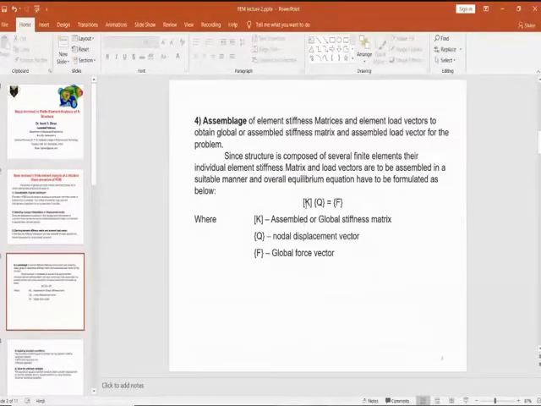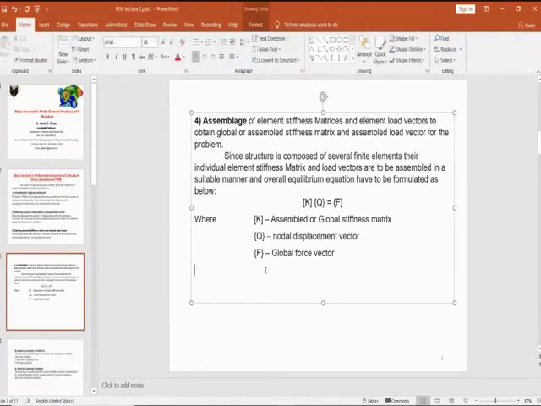And capital K is the assembled stiffness matrix, which is obtained by assembling all the k1, k2 up to k10. How to assemble that is a step-by-step procedure that you will come to know while solving the problem. Now you remember that all the element stiffness matrices are assembled together to obtain a global stiffness matrix or assembled stiffness matrix, capital K.